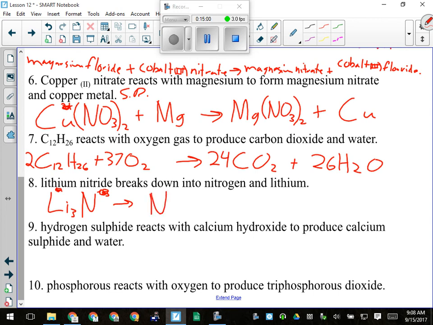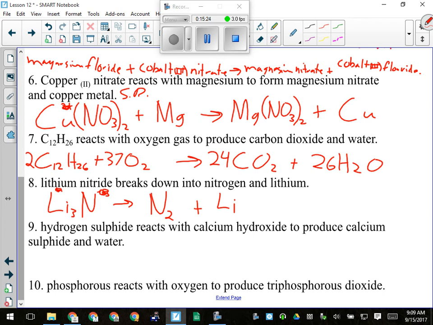All right, here's one of the reactions where remembering which elements are special is crucial. Is nitrogen special? Yeah, it is. Okay, so I got to remember that this is N2, or I'm going to get the whole thing wrong. I'll be able to balance it probably, but it'll be wrong. Okay, because nitrogen comes like this when it's an element. Lithium doesn't. Okay, so now I've got to make this work.